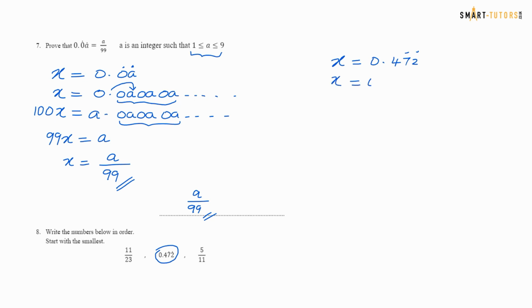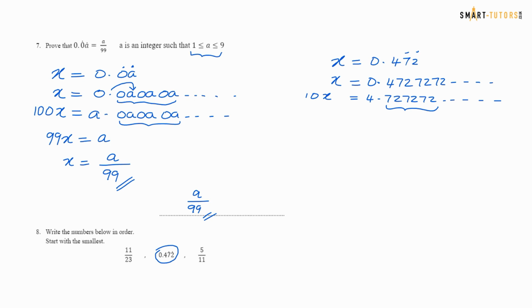So x equals 0.4727272 and so on. If I multiply by 10, 10x equals 4.727272. So the decimal part 7272 is the same.